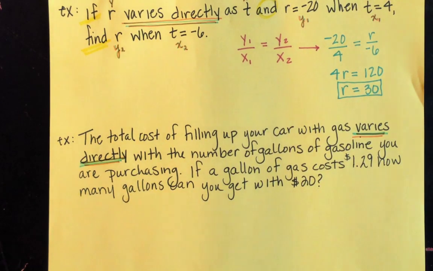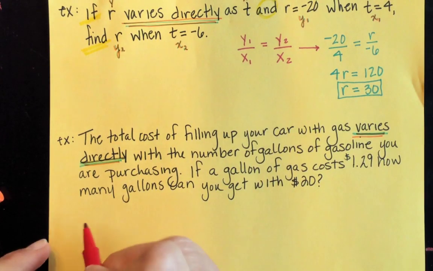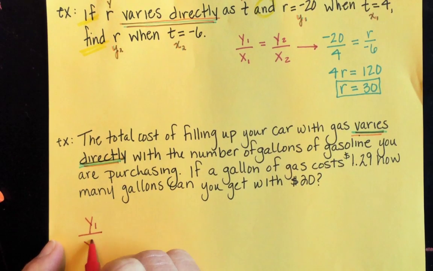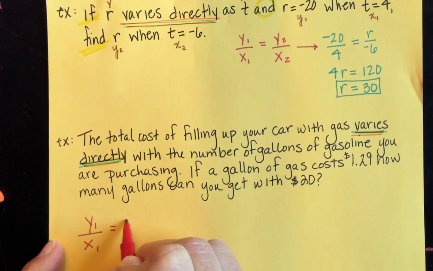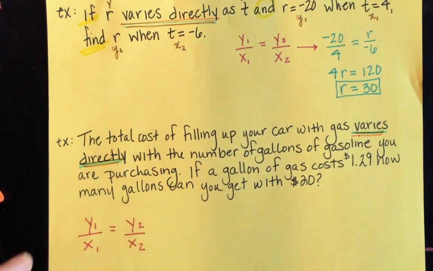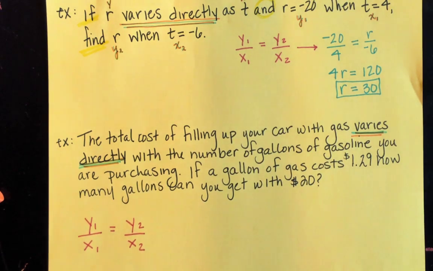So first thing I'm going to do with direct variation, I'm going to write down my y1 and my x1, y2, and x2. All right, so first step's done. The second step is we need to label our y's and our x's.